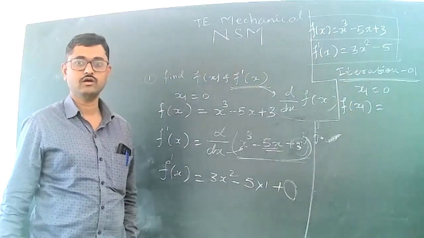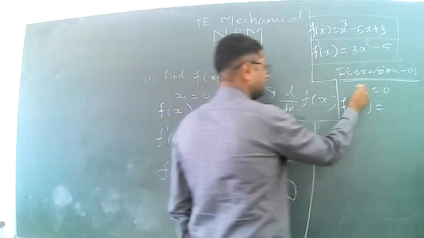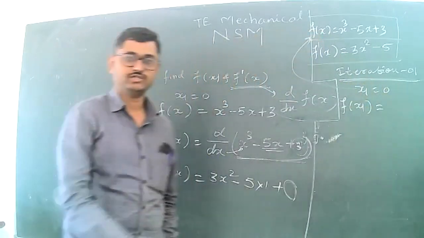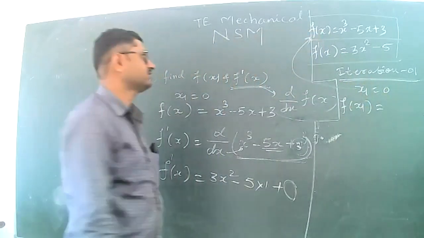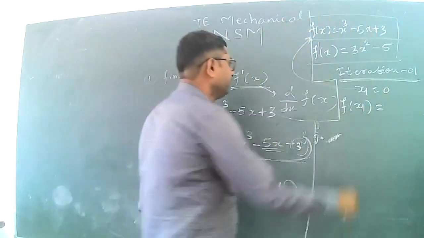Find f of x1. How to find f of x1? Just put x1 equal to 0 into the f of x equation. The f of x equation is x cube minus 5x plus 3.